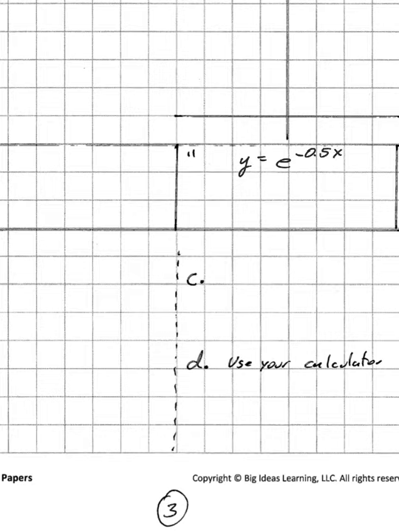On this one, we've already done this one. But Jillian, what would I do with this one to start it? I'm going to rewrite it as y equals, in parentheses, e to the negative 0.5, all to the x.